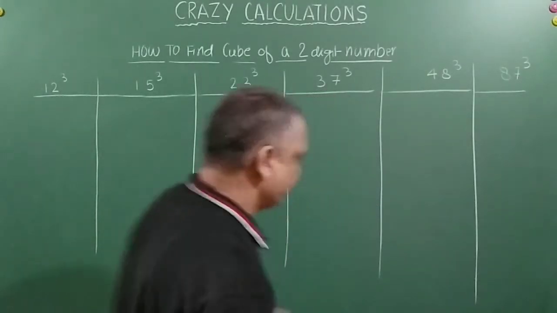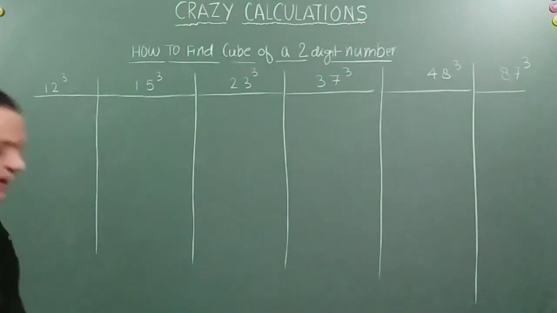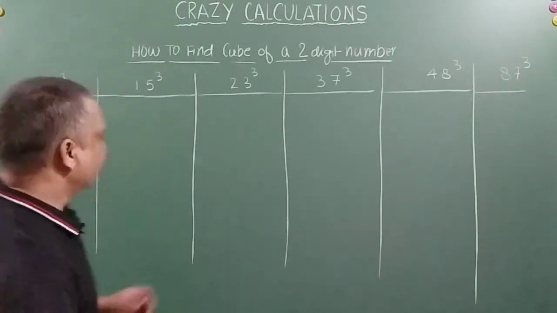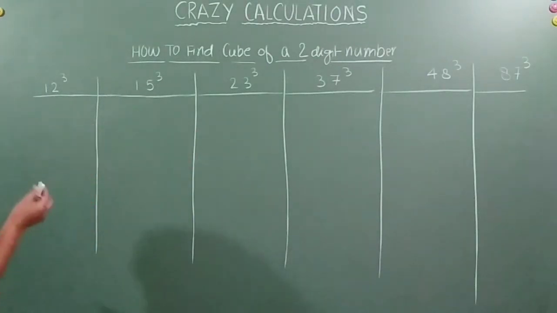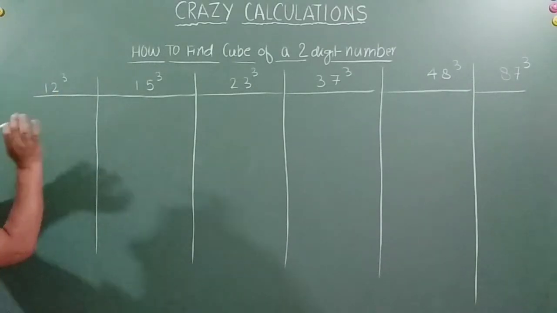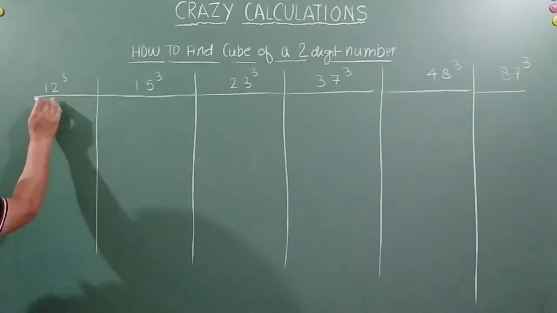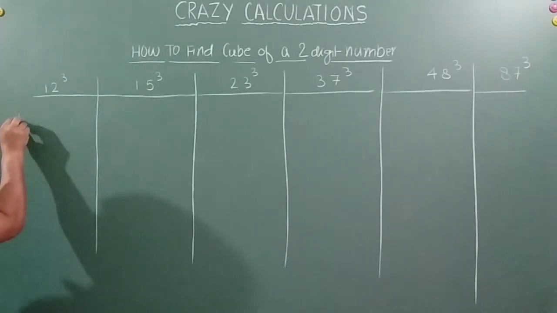Let's do it, friends. The first thing which I have taken here is 12 cube. We will understand this as the digits 1 and 2. We will cube the first number, that is 1, and fix it here.